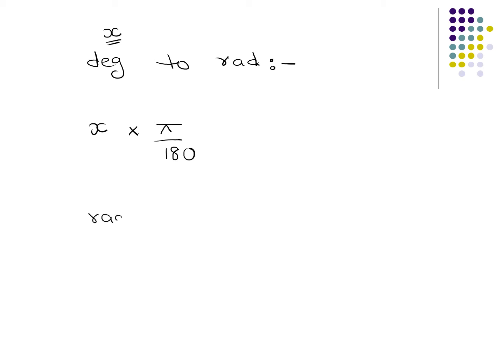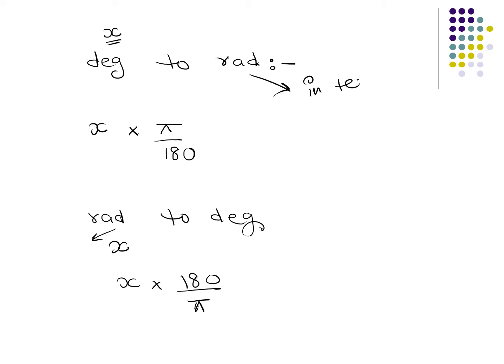Similarly, if you want to convert radians to degrees, where radians are given in terms of x, you multiply by the reciprocal, 180 over pi. To memorize this, remember that radians are given in terms of pi.